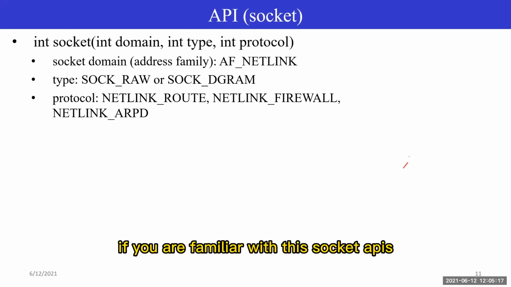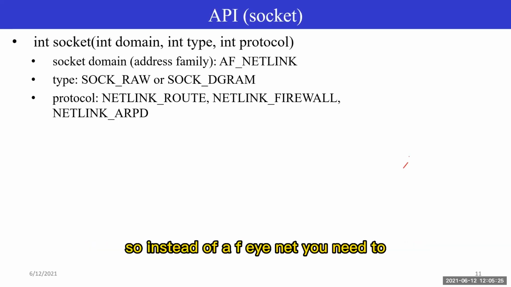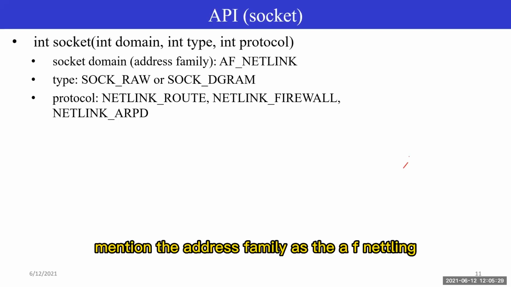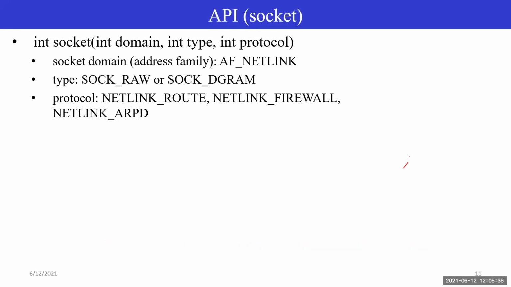So if you are familiar with these socket APIs, then creating a Netlink socket is a very easy job for you. Instead of AF_INET, you need to mention the address family as AF_NETLINK. That is the first difference from the other socket calls.